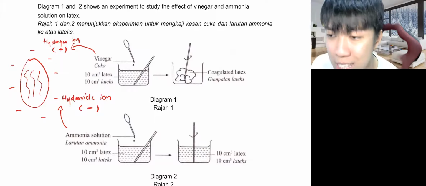Okay, can we go to the next page? Constant variable, things that must be fixed or something must be fair between the two experiments here. Very obvious. You're Form 5 already. Some of you have been doing this kind of exercise so many times. You know you're not going to write apparatus like the length of the glass rod.